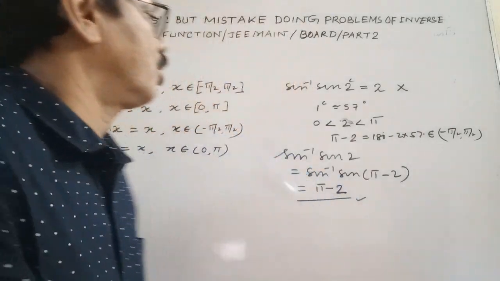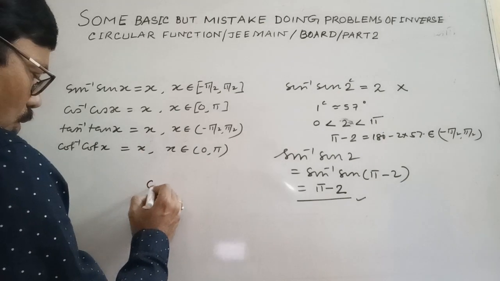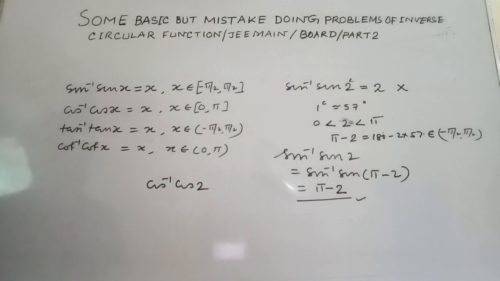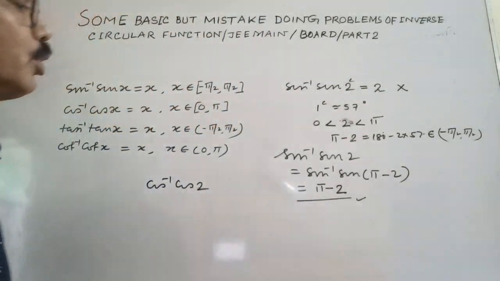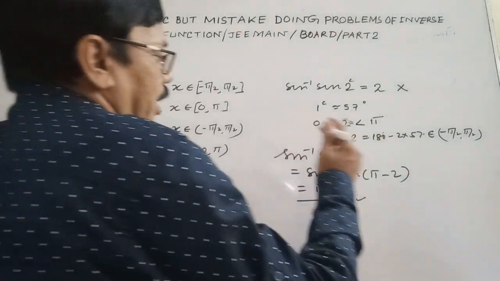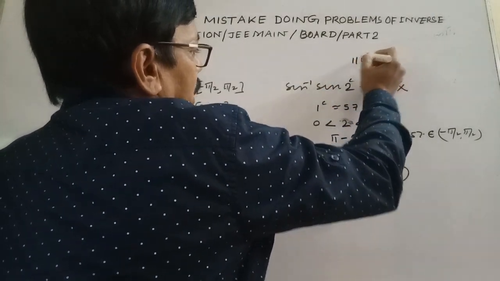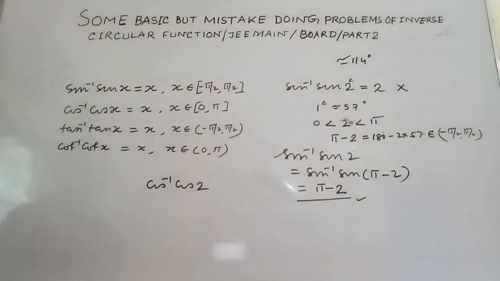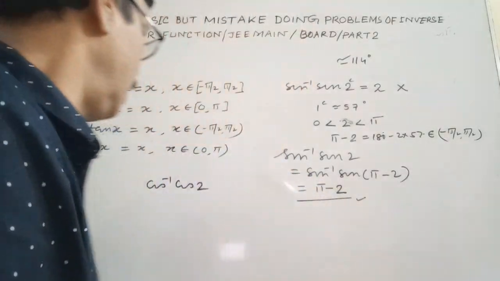Similarly, look at cos inverse cos 2. Obviously it is in radians. So 2 radians is approximately 114 degrees in terms of degrees.